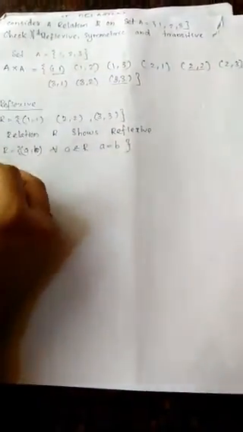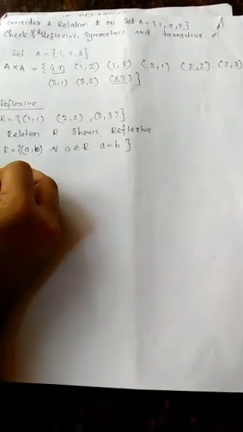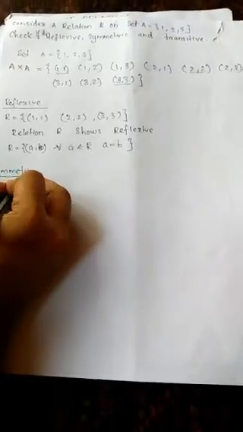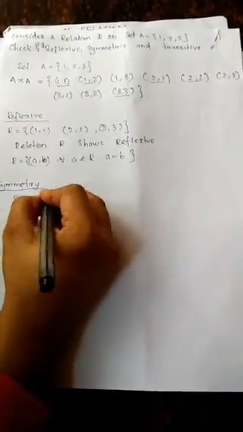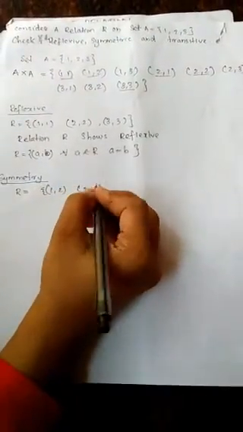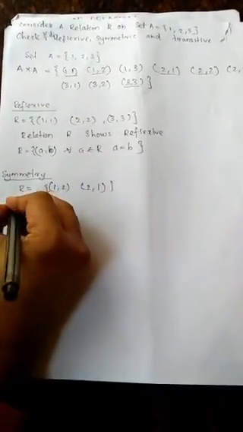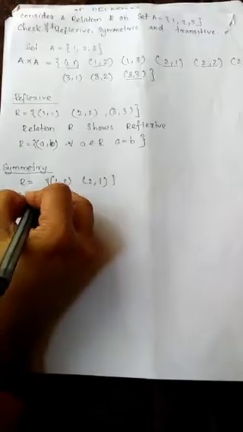Next, which property do we have to apply? Next is symmetry. We have to verify whether the relation shows the symmetric property. Just look at this: here (1,2) is there, and (2,1) is also there. Yes, it has an inverse property.